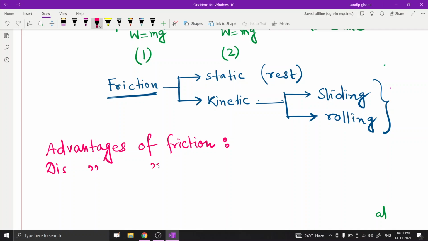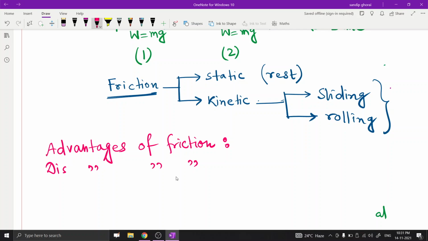Friction produces heat energy, and due to friction a lot of energy is wasted, and also friction produces wear and tear. Some part of a machine gets damaged due to friction.